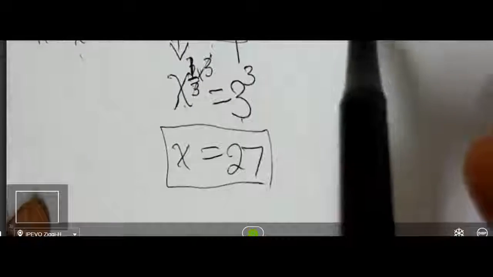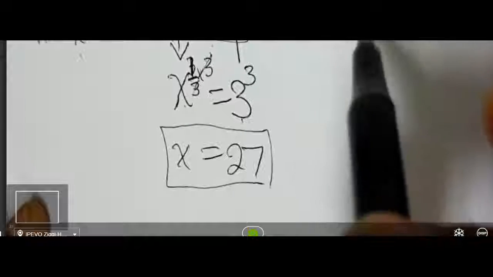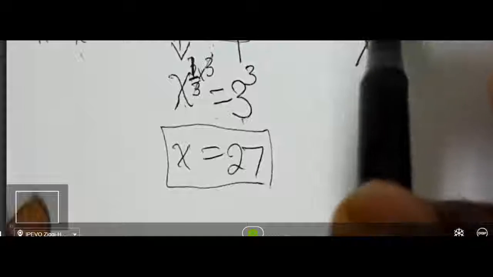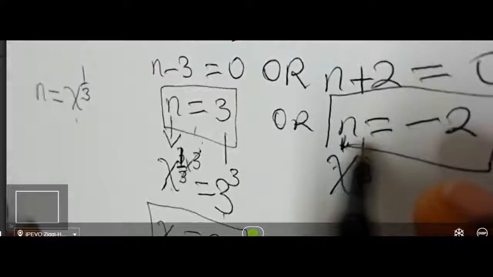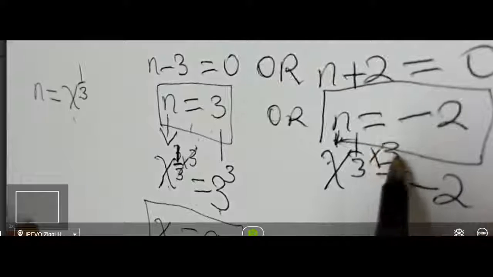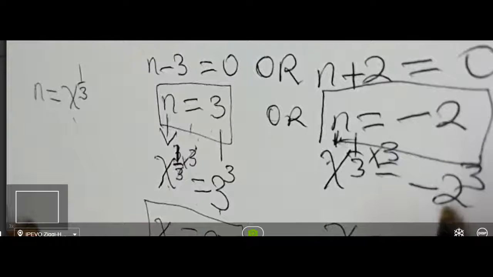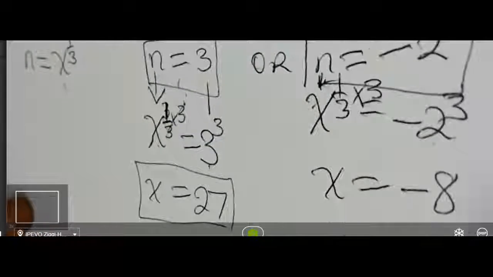But if we do the other one, x to the power 1/3 equals negative 2, we do the same thing, take the cube of both sides, so x is going to be negative 2 times 2 times 2, which is negative 8.